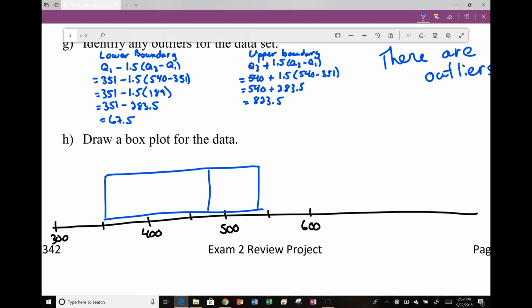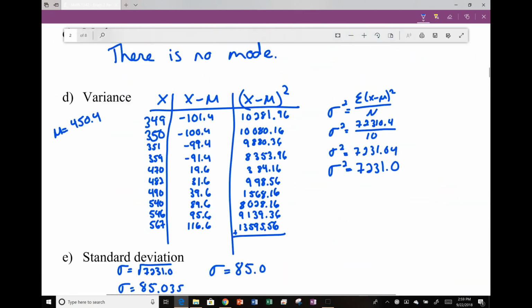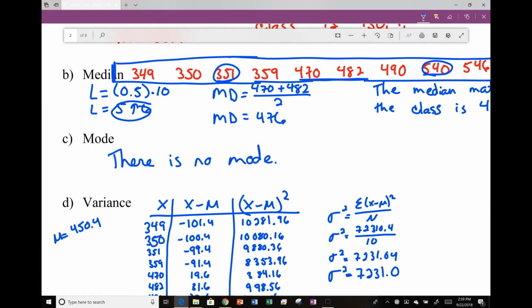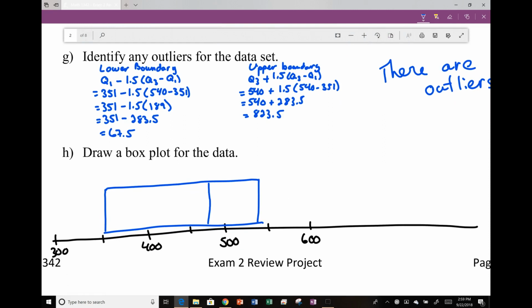Now my lower boundary was 67.5, and if I go back up, my first number inside that lower boundary is 349. So I'm going to draw a dot at 349 and draw a whisker to the box.